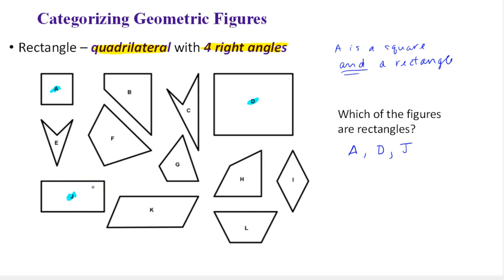So it's sort of like if you live in Phoenix, then you live in Arizona. Okay, but if you live in Arizona, you don't necessarily live in Phoenix. Okay, so A has the property of being both a square and a rectangle. Okay, so all squares are actually rectangles, but all rectangles aren't necessarily squares. Let's look at the next type.